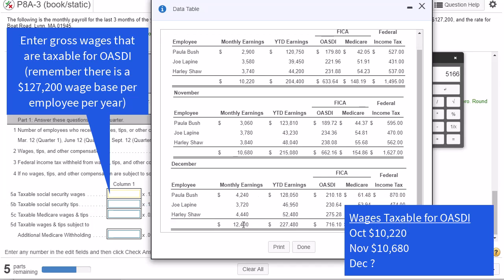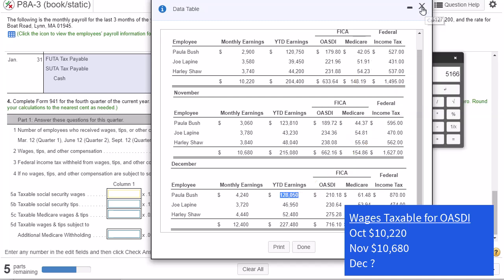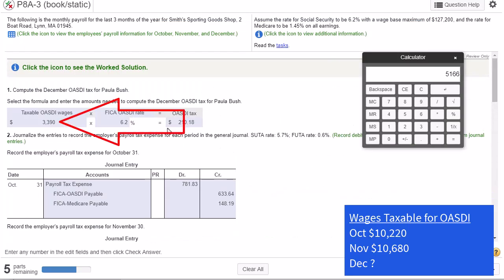Now let's look at December. We have to figure out how much of the $12,400 is taxable. Uh-oh. Paula is above the limit. So how much of this is taxable? Well, we already calculated that in the very first step. So I'm going to close this, scroll up to the very top, and we already found out that for Paula Bush, the taxable part of her December gross wages is $3,390.